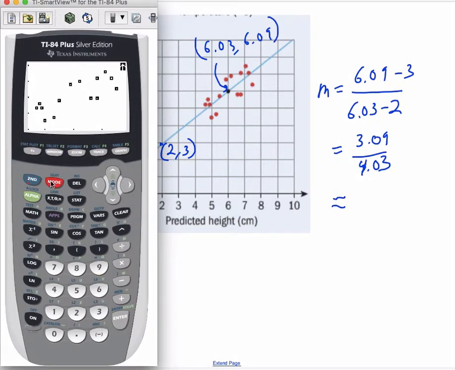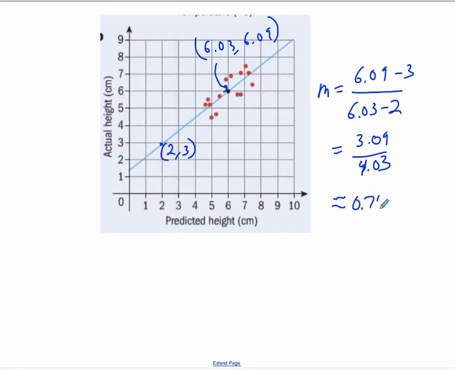Let me quit out of here. 3.09 divided by 4.03 is 0.767. So we have the slope. Let's get the y-intercept now, or let's write it in point-slope form.